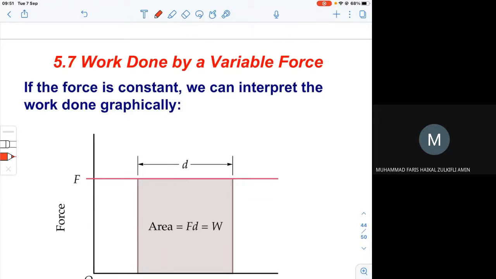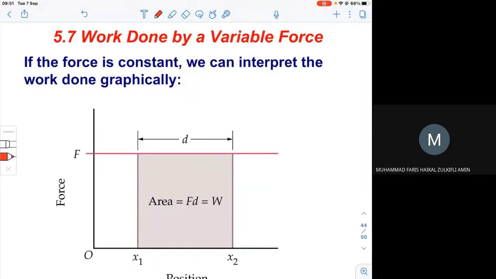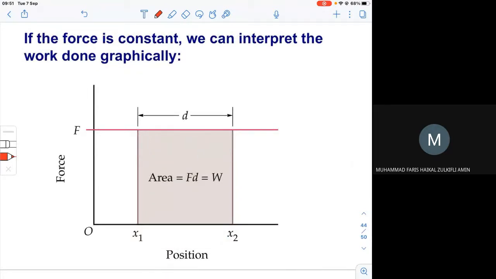Work done by a variable force. For example, when you are given a diagram or a graph of force against position, you may see that a constant force is given by a straight line, and the area under the graph, from one point to another point, gives us work. So when there is constant force against position, the area under the graph gives you work.